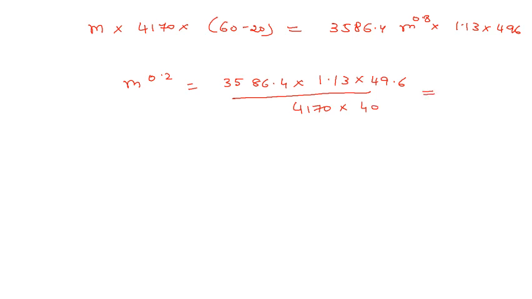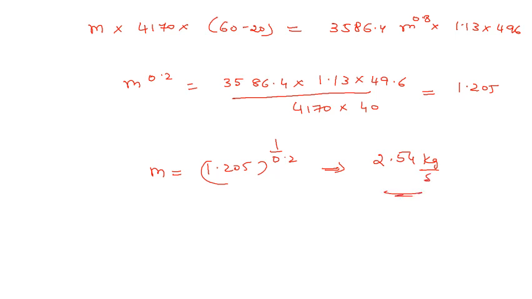That value turns to be 1.205. Taking the power, that is 1.205 to the power 1 by 0.2, the mass flow rate comes to be 2.54 kg per second. That is the value which is required here.